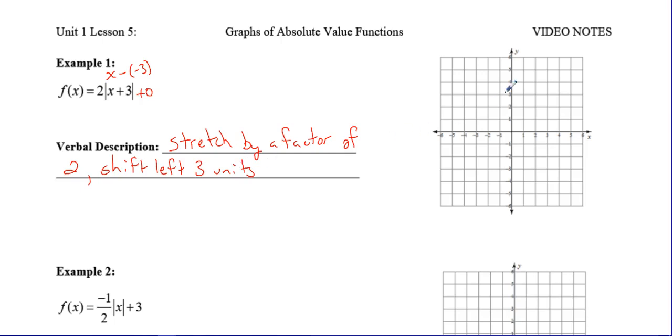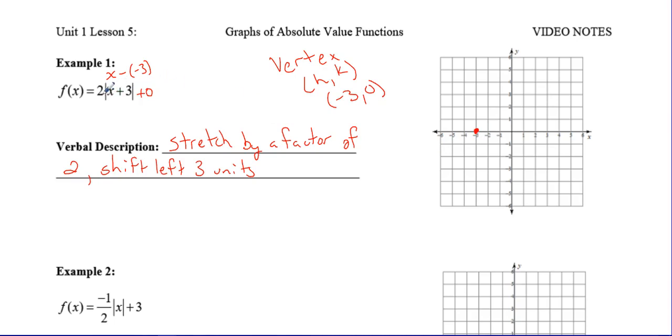And what I want to do is I'm going to begin by thinking about the vertex. Remember, the vertex is the point h, k. So here my h is negative 3. My k would be 0. So I can plot that here at negative 3, 0.